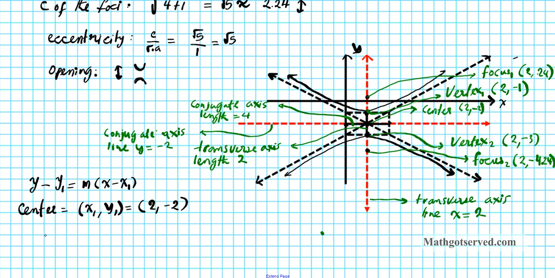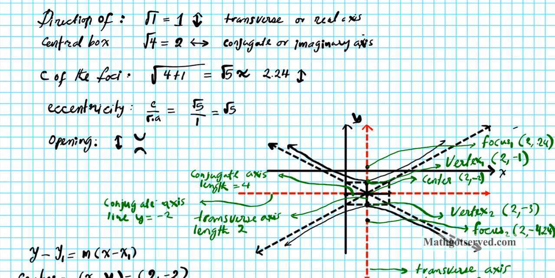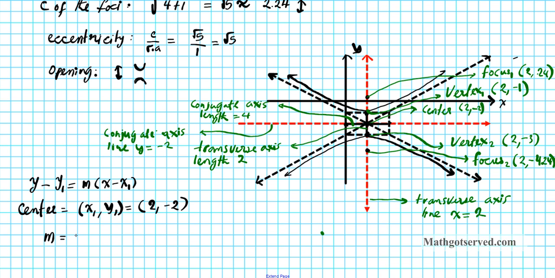All right, and our m is basically the rise over run using the direction of our central block. So rise 1, run 2. So it's going to be plus or minus 1 over 2. So when we put everything together, that basically gives us the equation of our asymptotes.